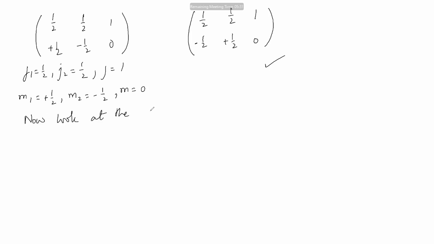Now look at the lower sign of equation 6. What is the lower sign of equation 6?